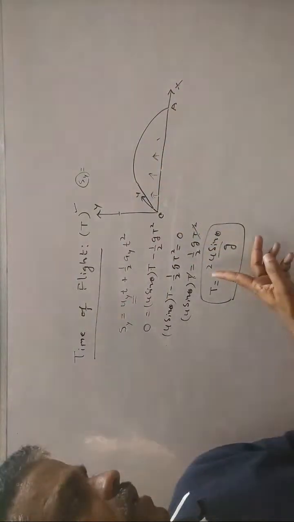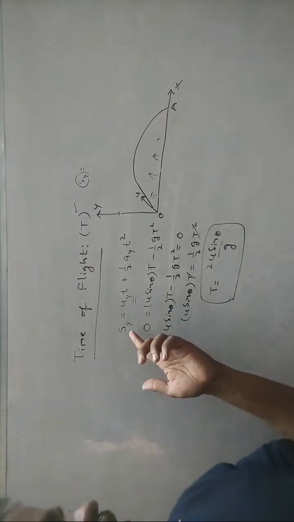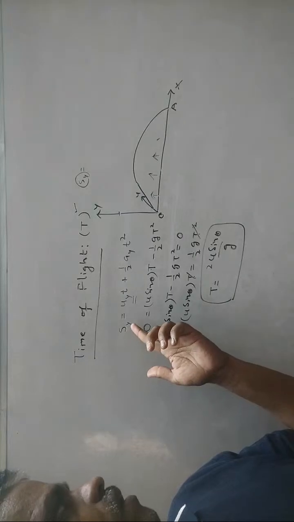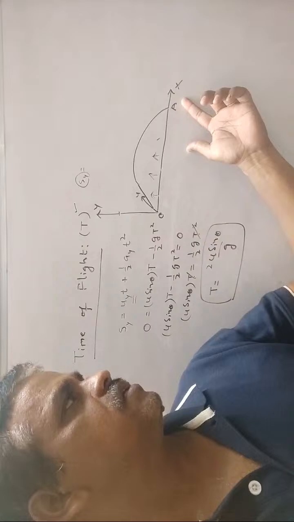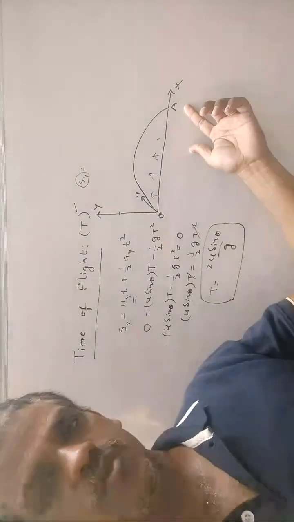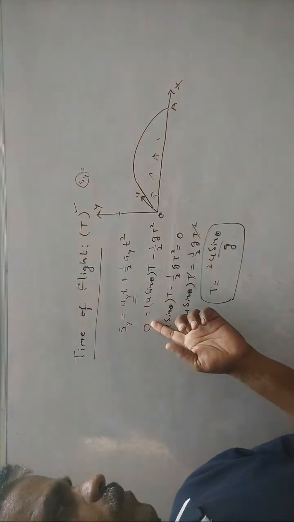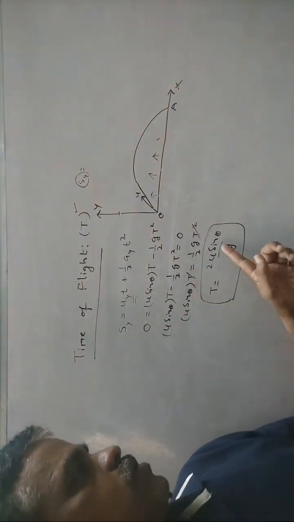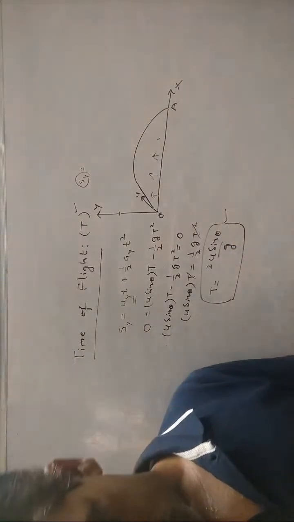The displacement on the y-axis is 0, while the displacement along the x-axis is u cos theta into T. You just use 2u sin theta by g as the time of flight formula.